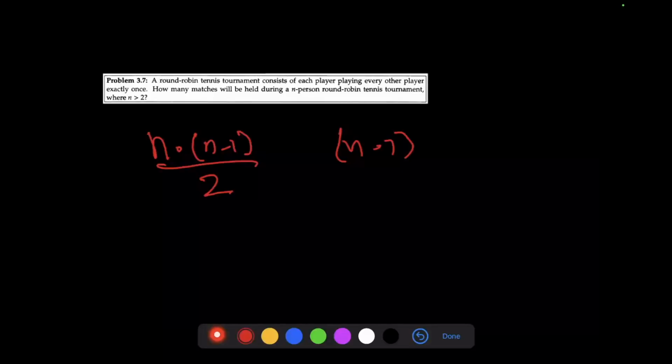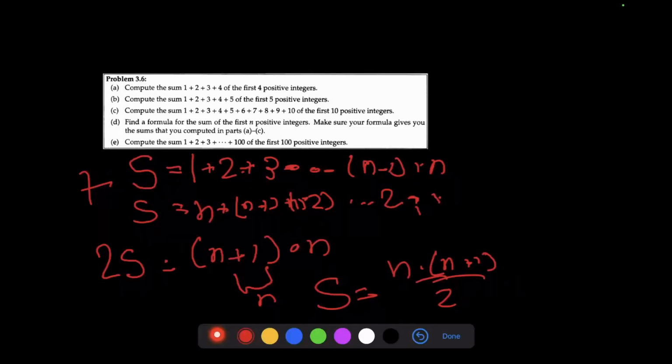Player number 2 plays all the players other than player 1, because that's already been counted, so you get plus n minus 2. And you get the sum of the numbers from 1 to n minus 1, which, as we already know, is n times n minus 1 over 2.